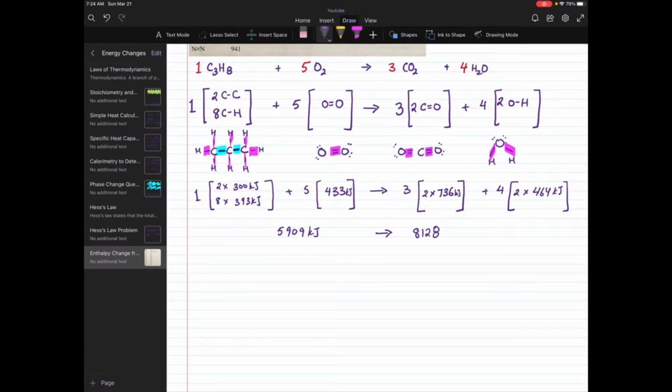formed, right? So on the left hand side, we have to break all these bonds. So this is to figure out delta H from bond energies.